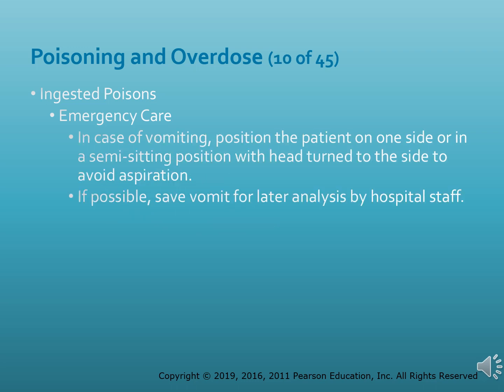In case of vomiting, position the patient on the side or in a semi-sitting position with the head turned to the side to avoid aspiration. If possible, save vomit for later analysis by the hospital staff. What they vomit may determine, maybe there are pills that person took, and in that vomit there might be 12 pills, and they took 15.